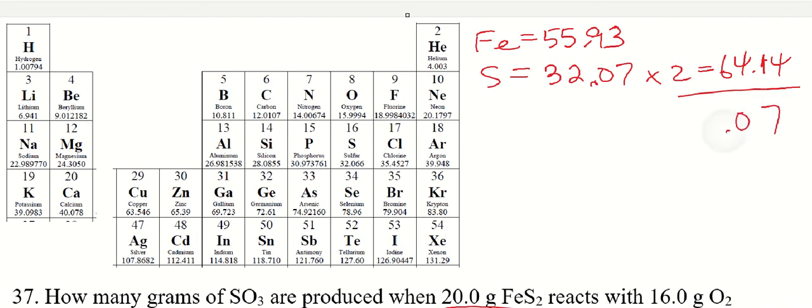What? Too many numbers on my screen. Hold on. Let me just use my calculator. 55.93 plus 64.14. 120.07 is the molar mass.